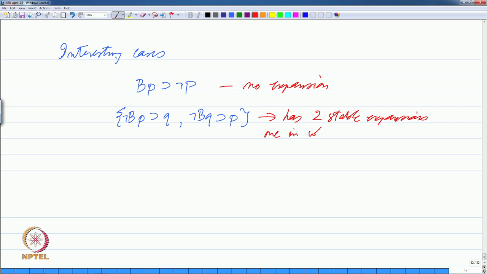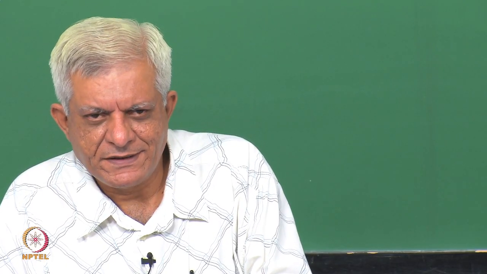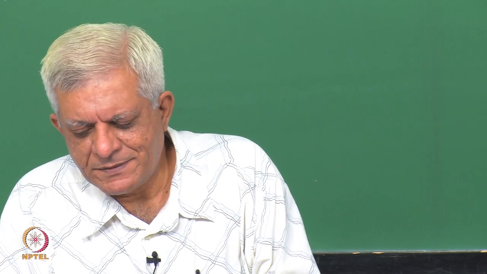One in which P is true and the other in which Q is true. And you can see that these are the only two stable expansions. Basically, you will have to look at the 4 combinations of this belief statement, and you will see that out of those 4 combinations 2 are stable and 2 are not stable. In one stable combination P will be true, in the other stable combination Q will be true.